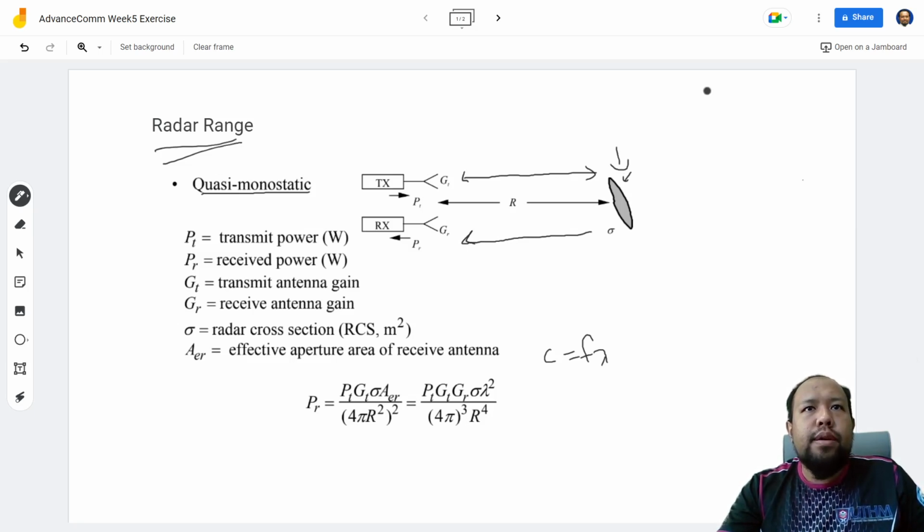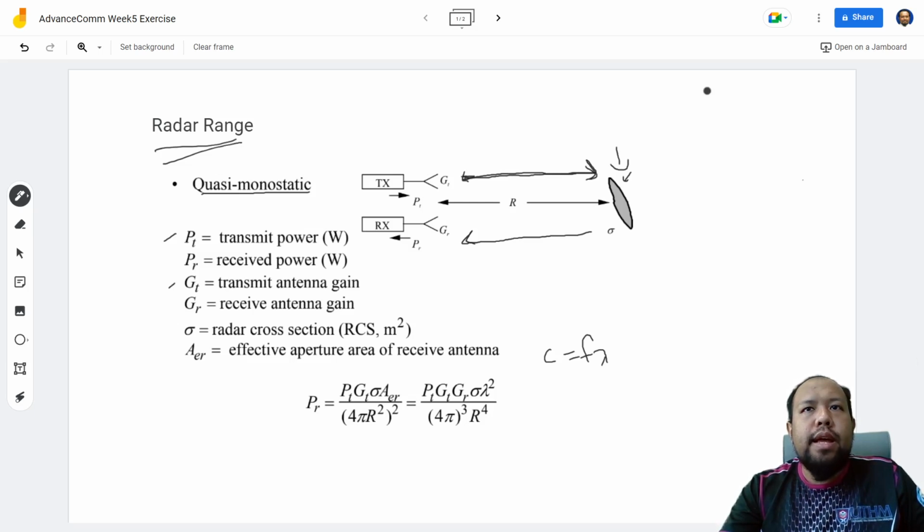So we have the transmit power, PT, from the transmitter, and the signal will go through an amplifier with a certain gain at the antenna. We call it the transmit antenna gain, and then the signal reaches the object.